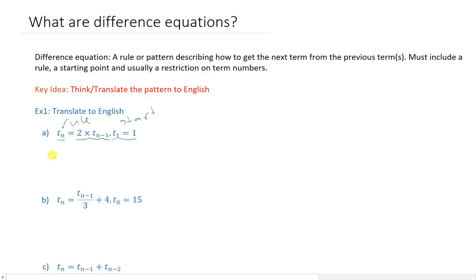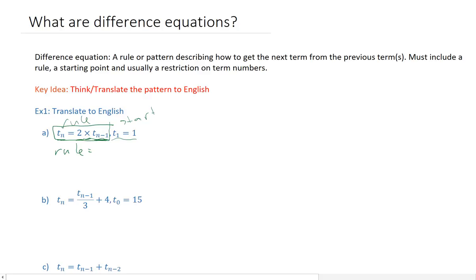We'll start with the rule. If Tn is our current term, the current term is 2 times Tn minus 1, which is the term directly before. So to get the next term, I multiply the previous term by 2. That's what this mathematical expression is saying.